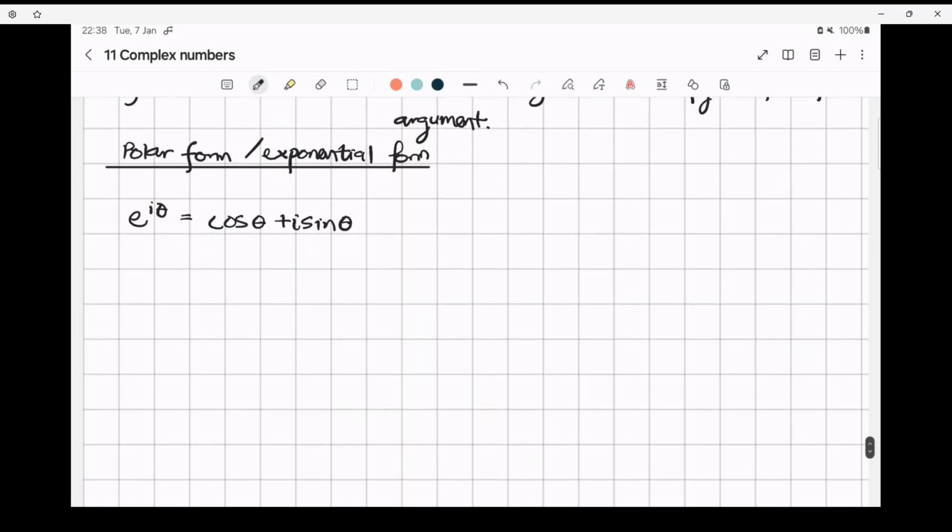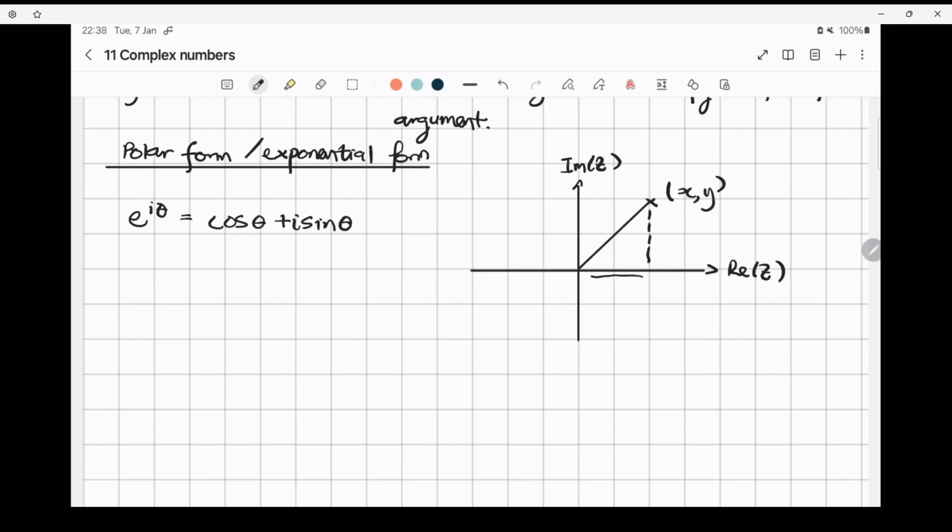If you look at the diagram which I drew here, this is the real part of z, this is the imaginary part of z. Sorry, let me draw it in a better way. So right now we have this particular point x and y.